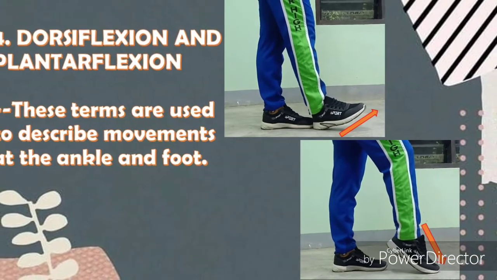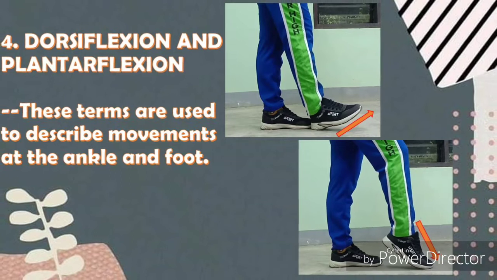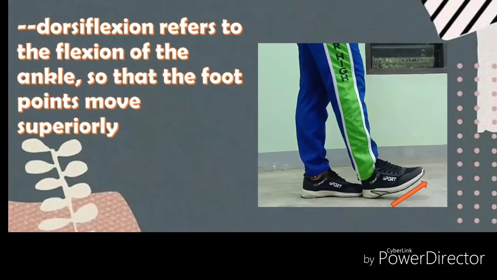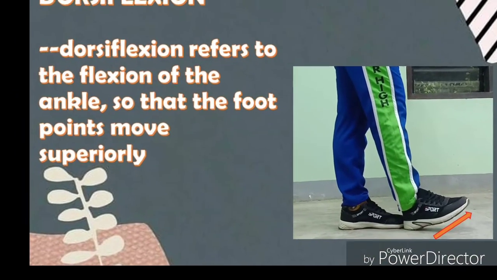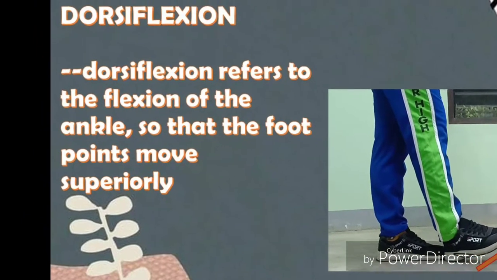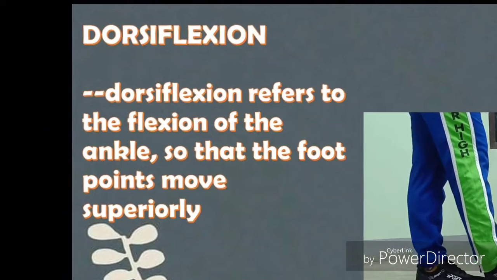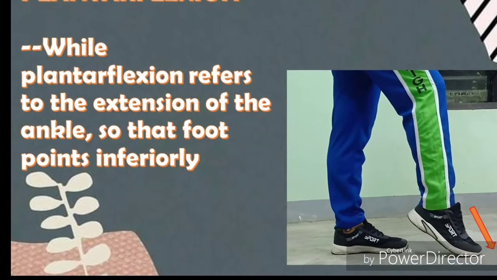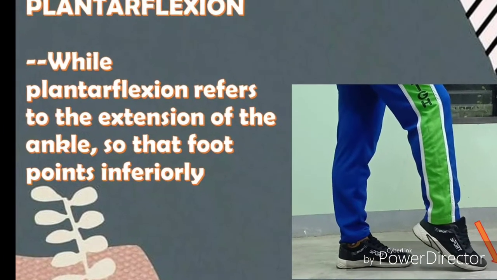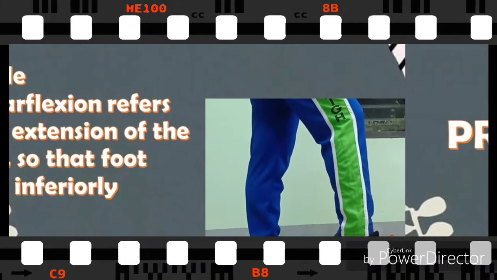The fourth movement is dorsiflexion and plantar flexion. These terms are used to describe movements of the ankle and foot. Dorsiflexion refers to flexion of the ankle so that the foot points superiorly, while plantar flexion refers to the extension of the ankle so that the foot points inferiorly.